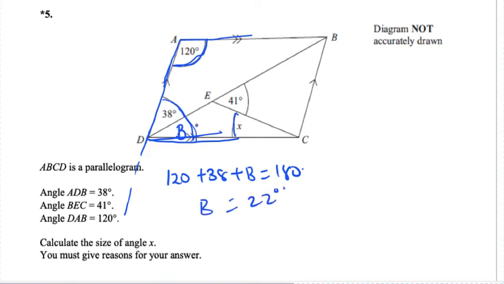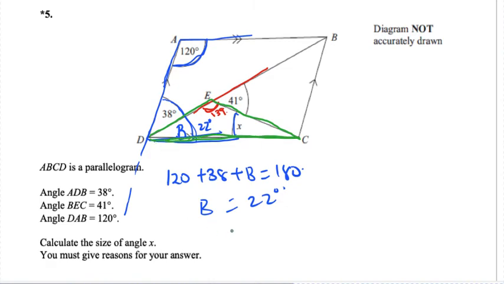B is 22 degrees. And then we can now get this angle here, because this is a straight line. So we get 180 minus 41, and then we get 139. Now after that, we can see that this here is a triangle. The basic knowledge of a triangle: all angles in a triangle add up to 180.